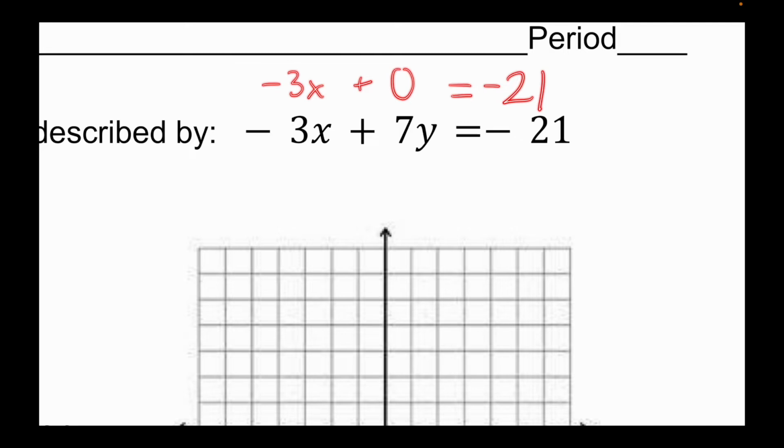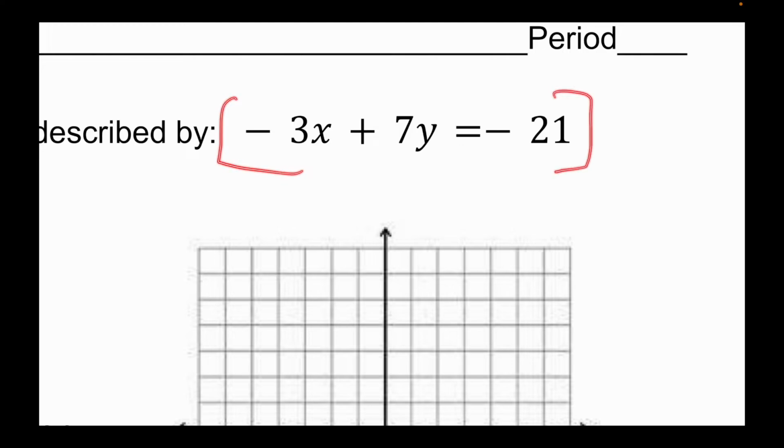So effectively, when we have something in standard form, plugging in a 0 just wipes out the term entirely. And we can imagine that our equation actually looks like this, and it's just negative 3x equals negative 21. It'll narrow it down to a one-step process where you would then divide both sides by negative 3.